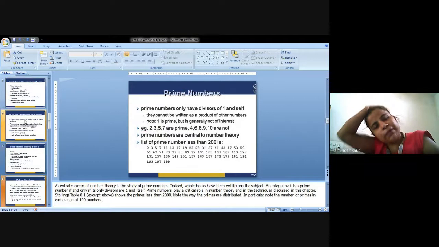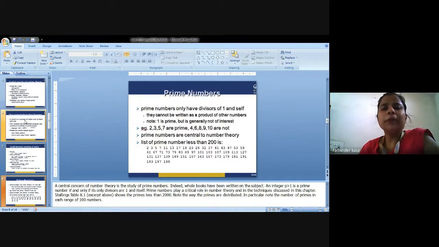Next is prime numbers. Prime numbers only have divisors of 1 and itself; they cannot be written as the product of other numbers. Note 1 is prime but is generally not of interest. It is a very low-end number and we generally do not use it in calculation.